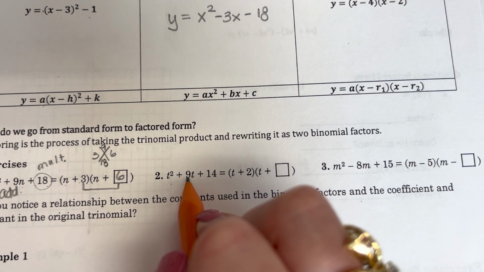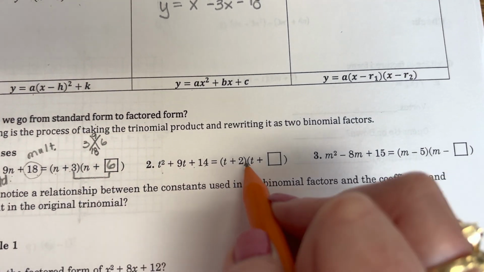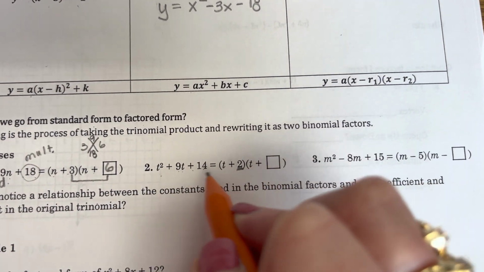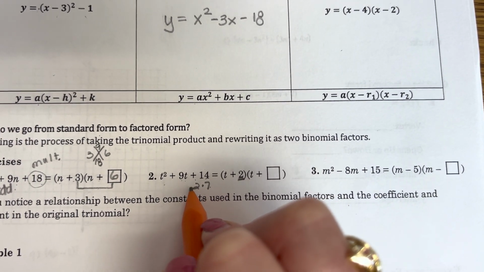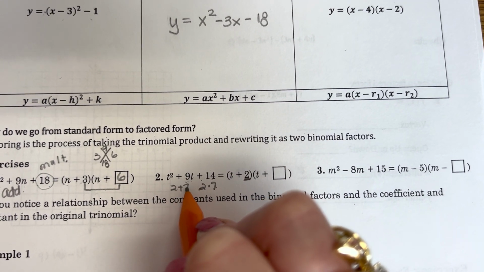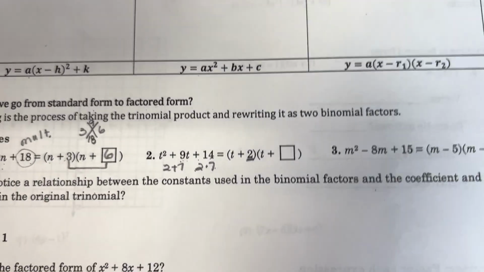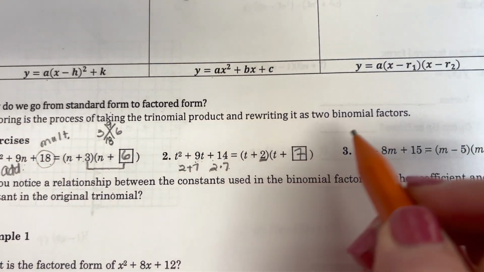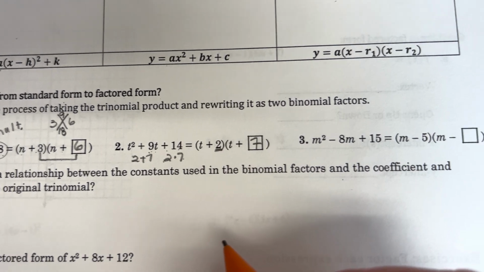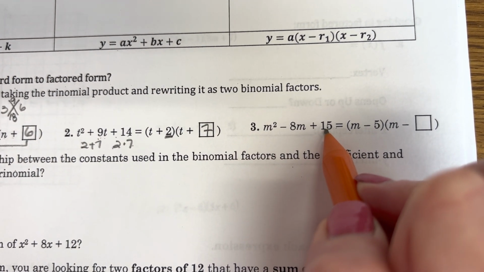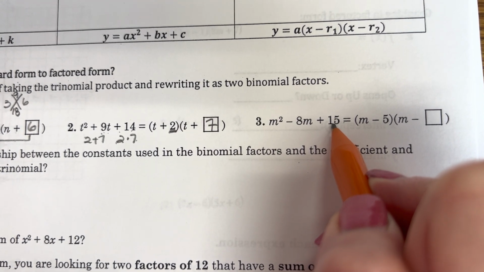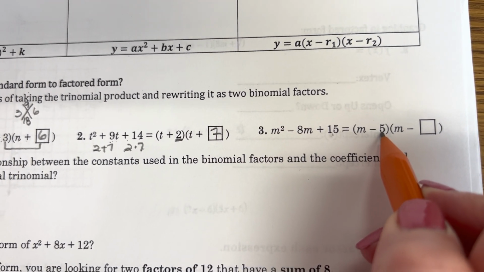Here, t squared plus 9t plus 14, they already tell you it's a 2. So 2 times 7 is 14, and 2 plus 7 is 9. So this missing one is 7. Over here, two numbers are multiplied to give you 15. They already have a 5, so what's the other number?